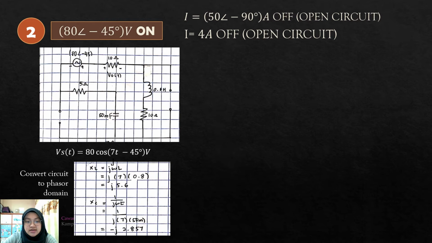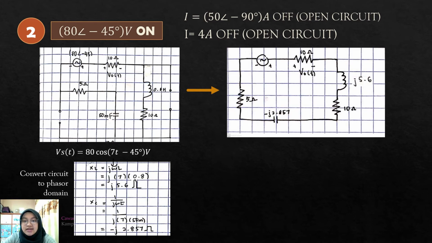So I just directly insert the value of 7 for the omega, and then I got the value of inductor, which is j5.6 ohm, and for the capacitor negative j2.857 ohm. Okay, so I simplify this circuit to be like this.